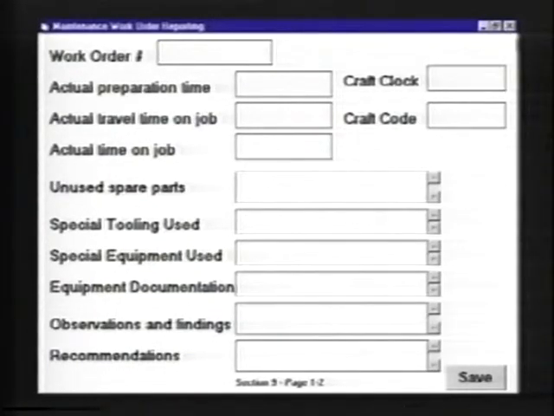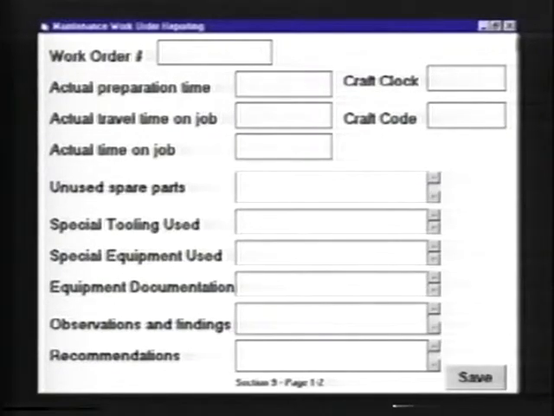And this particular exhibit is in your notebook, referenced as page 2-1. We have the work order number, and then we have the actual prep time on the job, the actual travel time, and the actual time on the job, which I have referred to in the past as the work time or the wrench time.